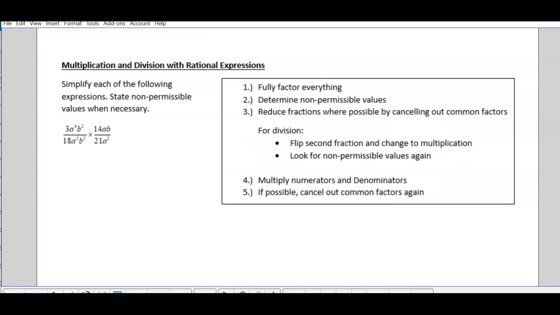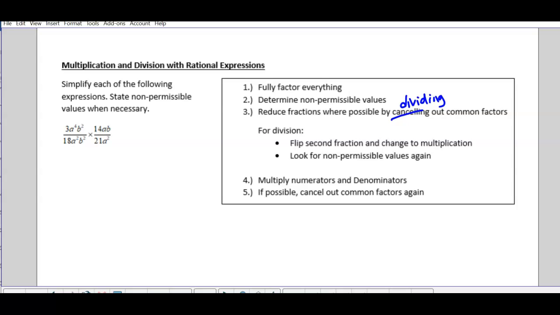With rational expressions, here are the steps. Fully factor everything. Determine non-permissible values from the factored form. Reduce fractions where possible by canceling. I like dividing out, it's a better word, common factors. For division, flip the second fraction and change to multiplication. Look for non-permissible values again.